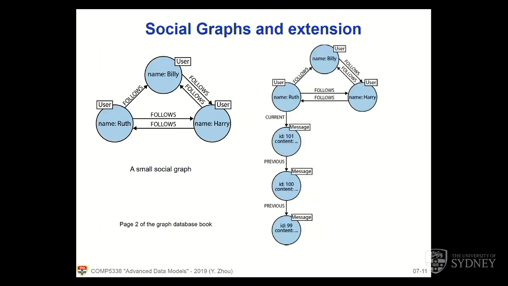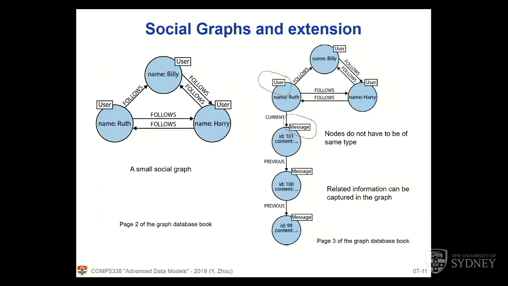We can actually extend the graph by adding different types of things, and we can use it to model related data, related information. So first, nodes do not have to be of the same type. We can have a node representing a user and also a node representing a message.